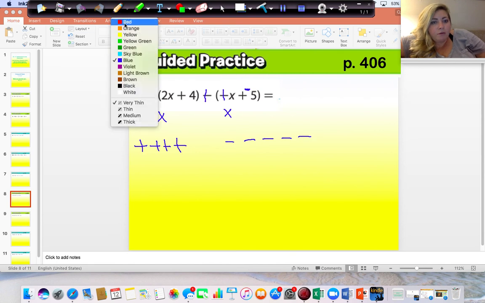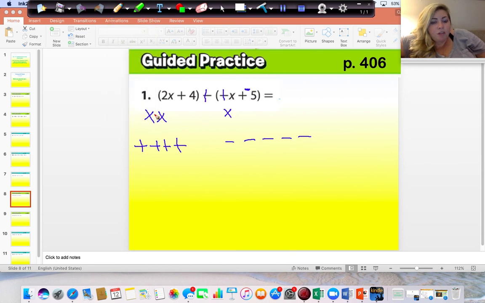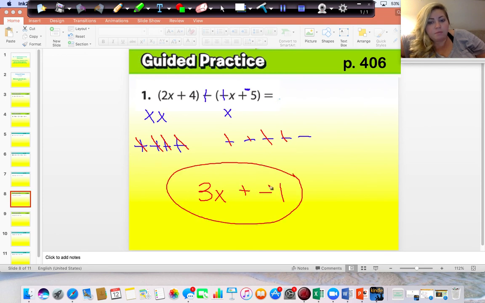Okay, so now we've got 2 x's plus another x that gives us 3 x's total. And we've got 4 positives and 5 negatives. Remember, when we have a positive and a negative, they cancel each other out. And we are left with 1 negative. Okay?